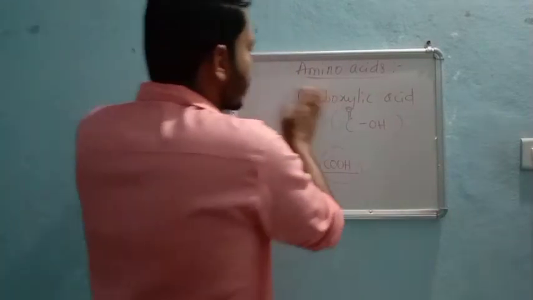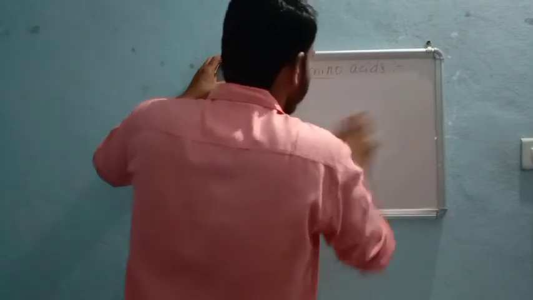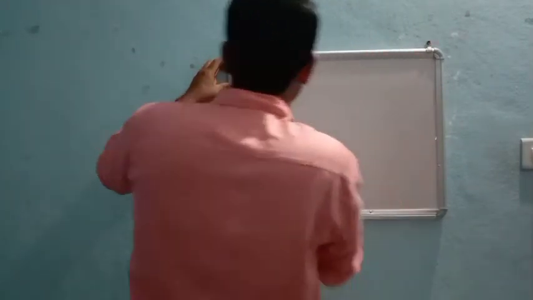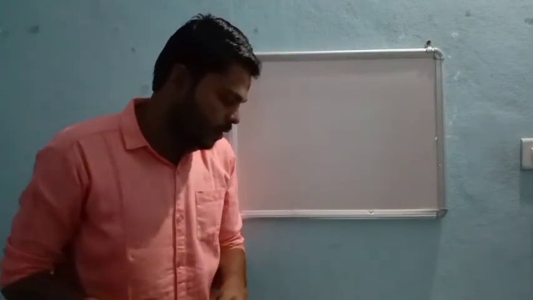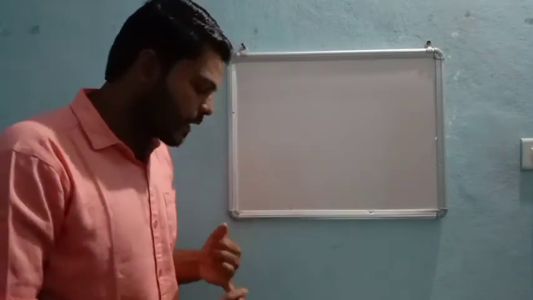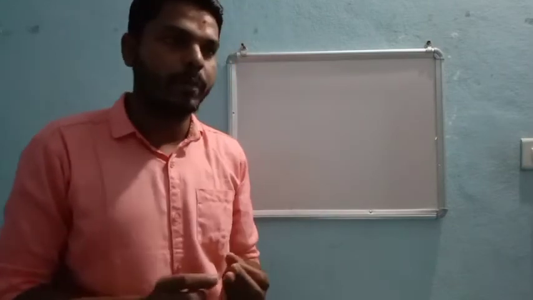So, classification of amino acids. I will just give a hint, and later in tomorrow's class we will go into detail. Based on their nature, we classify amino acids as neutral, acidic, and basic amino acids.